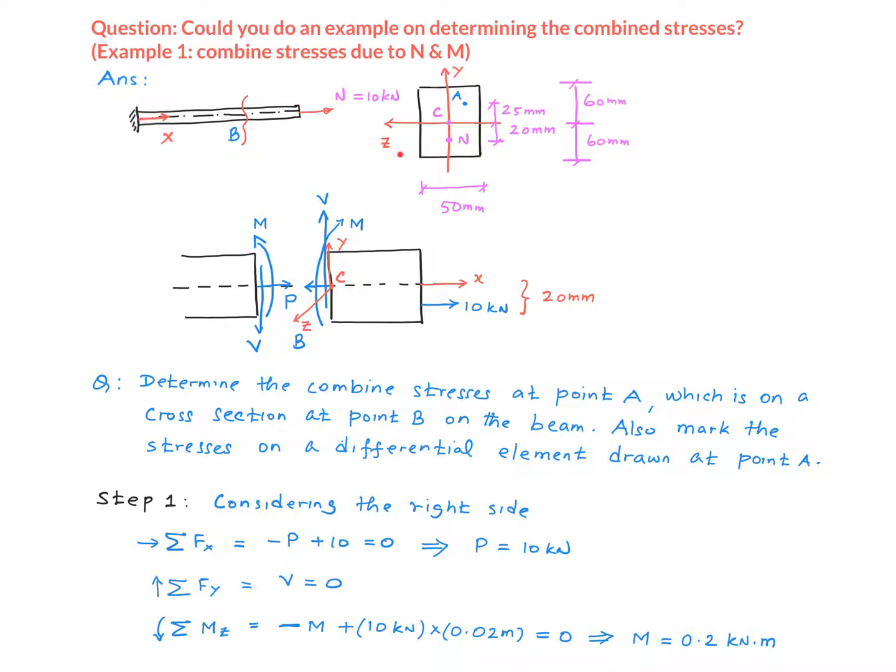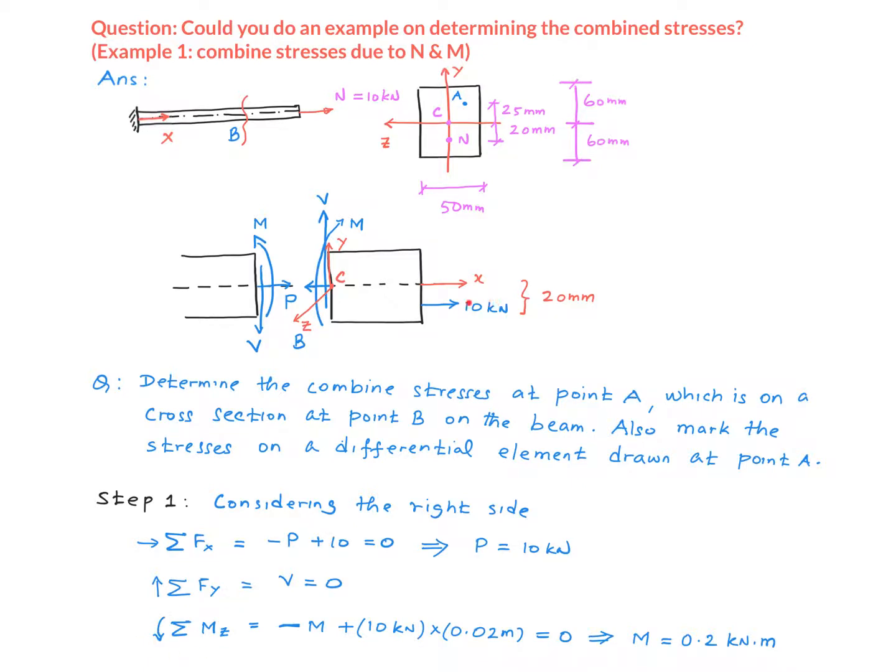Now here the z-axis is the axis that passes through the centroid of the rectangular section. So I'm going to now take a moment about the z-axis. Sum of the moments about the z-axis must be equal to 0. So this is what we have. We have a clockwise moment, M, and so that goes in as a negative term here because I have taken the counterclockwise direction as the positive direction for the equation.